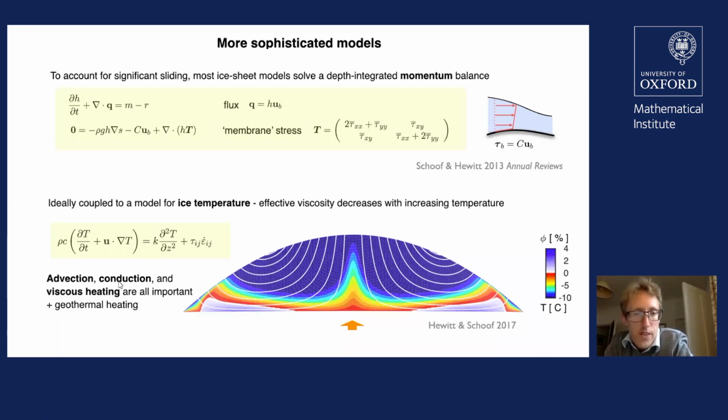So you need advection, conduction, and viscous heating, which is not always important, but in this case is, which is the final term there, are all important. And there's also geothermal heating, which is the heat that's coming from inside the Earth. And that's quite important because the ice is so thick that it really insulates itself.